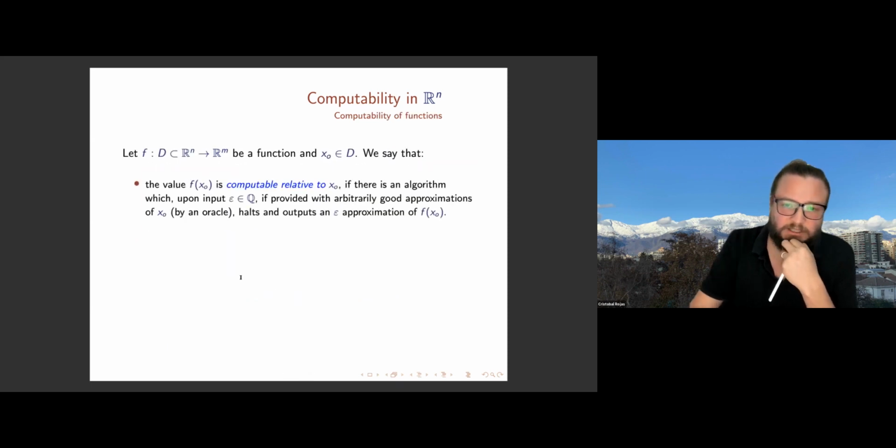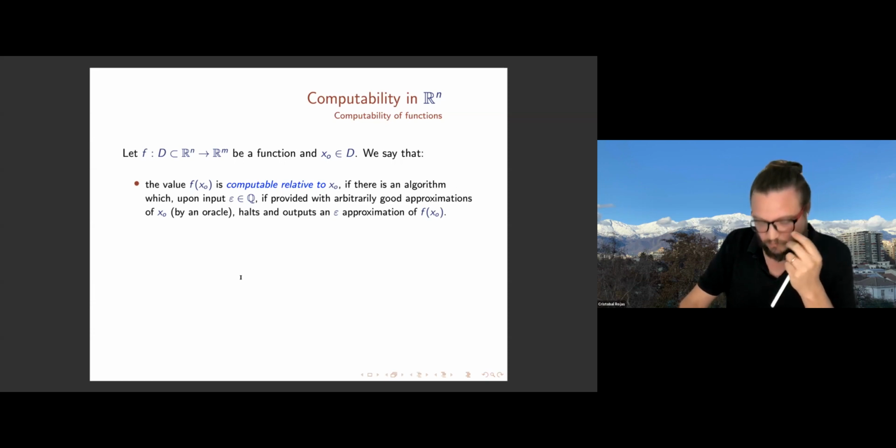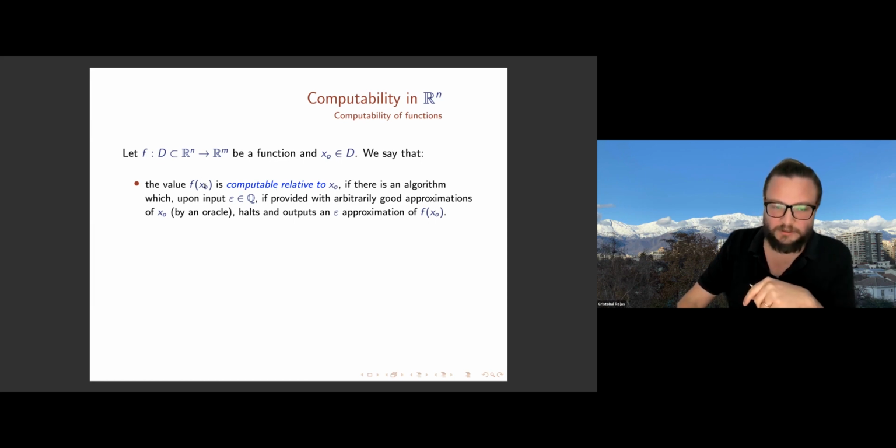For functions, we have three versions of computability. The first one is only at a given point. We say that the value of the function at point x0 is computable relative to x0 if there is an algorithm that computes the value if provided with x0 as an oracle. But we don't claim anything else about what the algorithm does for other points.